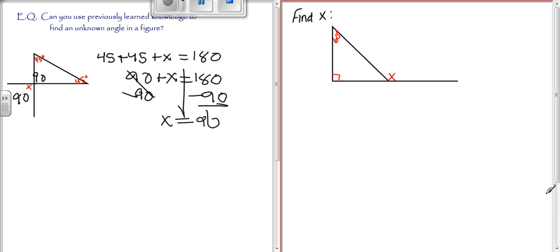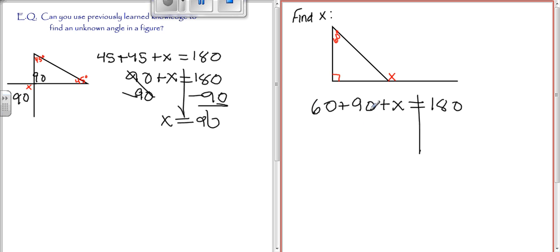Okay? There we go. Worked out right there. Here's another one right here. We got a triangle. We know it equals 180. So we got 60 plus 90 plus x, which is our missing angle right here, equals 180.